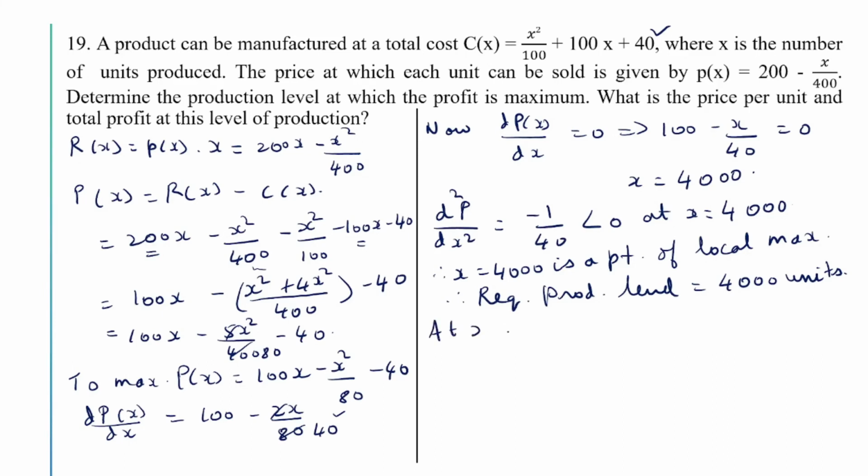At x is equal to 4000, p of x is equal to 200 minus 4000 by 400. So these two will go 10 times. So 200 minus 10 is 190.